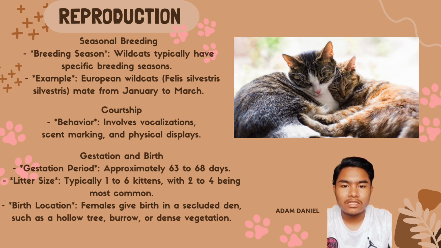For gestation and birth, the period of gestation is approximately 63 to 68 days. The litter size is typically between 1 to 6 kittens, with 2 to 4 kittens being the most common. As for the birth location, females usually give birth in a secluded den such as hollow trees, burrows, and also dense vegetation.